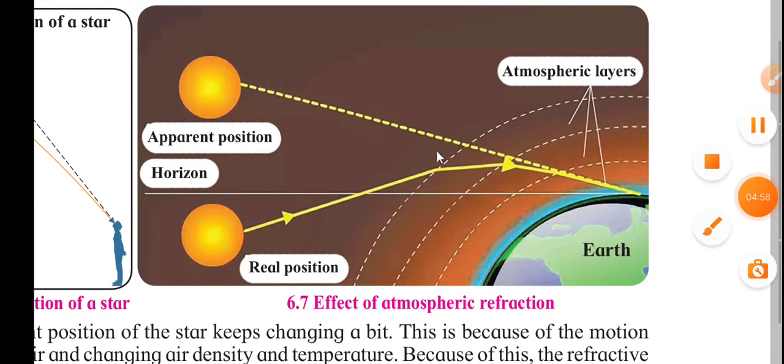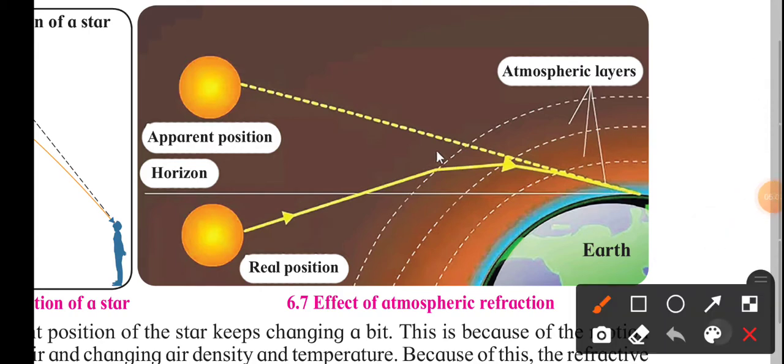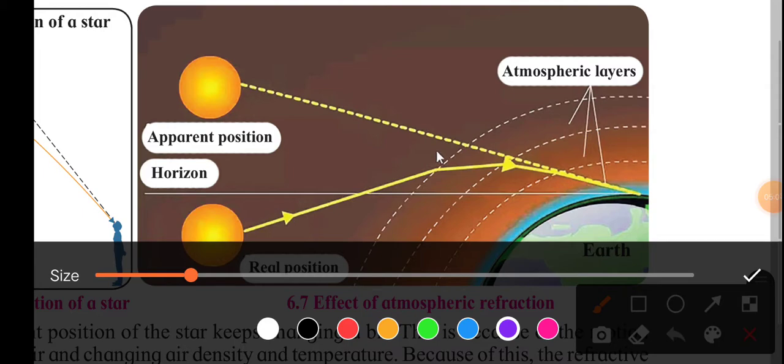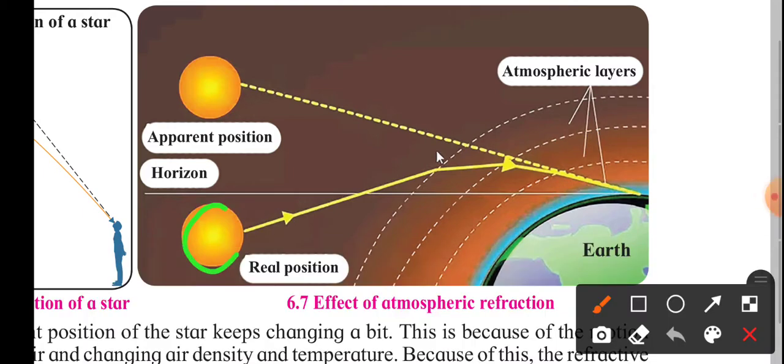The real position of the sun is shown over here, and the observer is standing somewhere over here. When the light ray travels in the vacuum and reaches the atmospheric layer, it again changes its path, and it changes continuously.